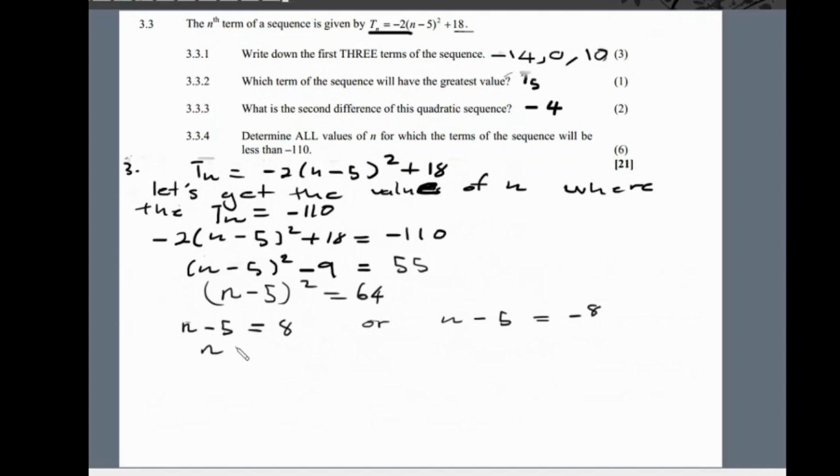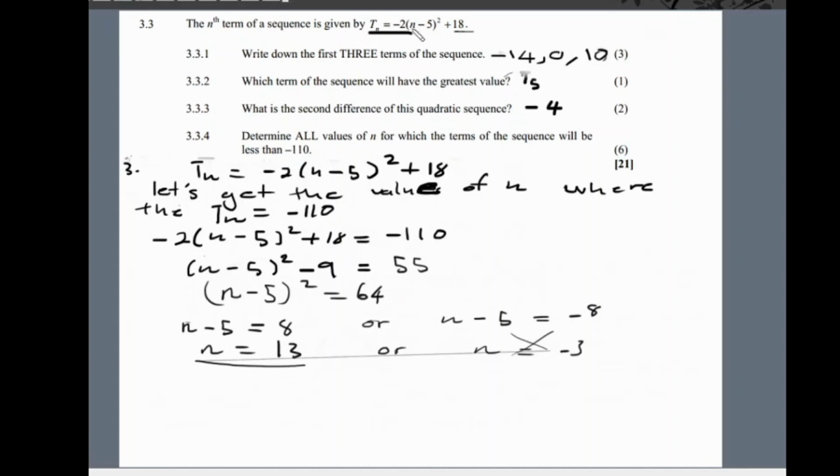So n will be 13, or n will be minus 3. We know that n cannot be negative, so this one we discard. So we focus on 13. So now the function is equal to minus 110 when n is equal to 13.